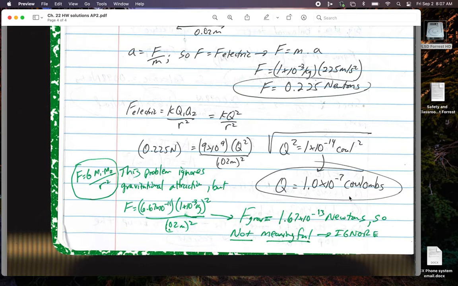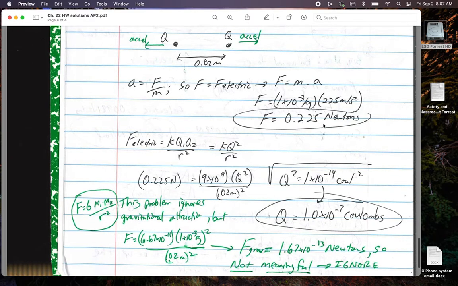You might be thinking, well, wait a minute, if we're thinking about the net force on these things, would we have to consider gravity in that acceleration? And you really don't, because if you look at the gravitational force formula, which is this over here, and we know the mass of each object and the distance is still the same, we can figure out that the gravitational force of attraction is going to be 1.67 times 10 to the negative 13th newtons.